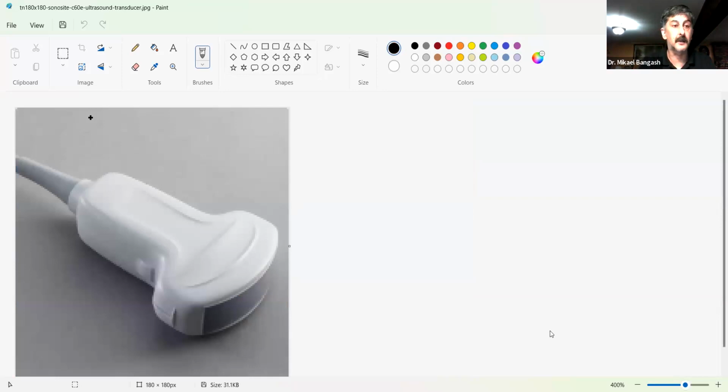Can you guys see this other picture now? Okay, so here, we may lose it a little bit over here, but it's going to curve like this. So that's the footprint of this transducer here.